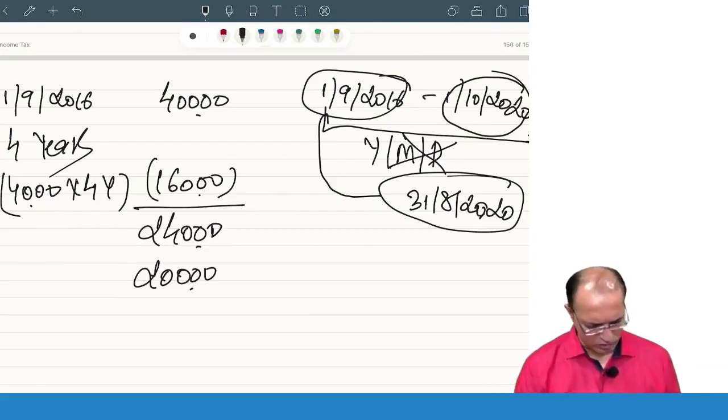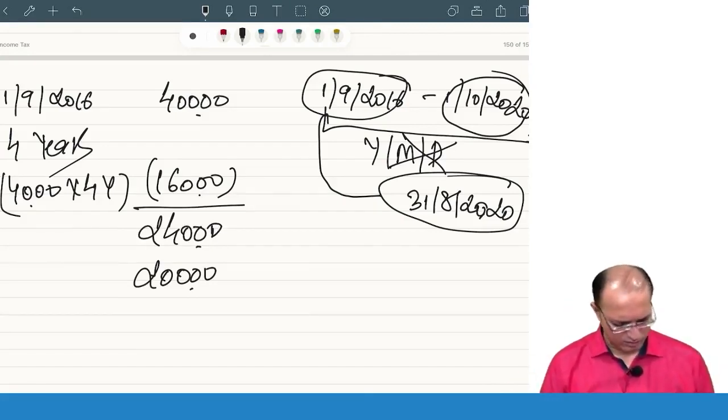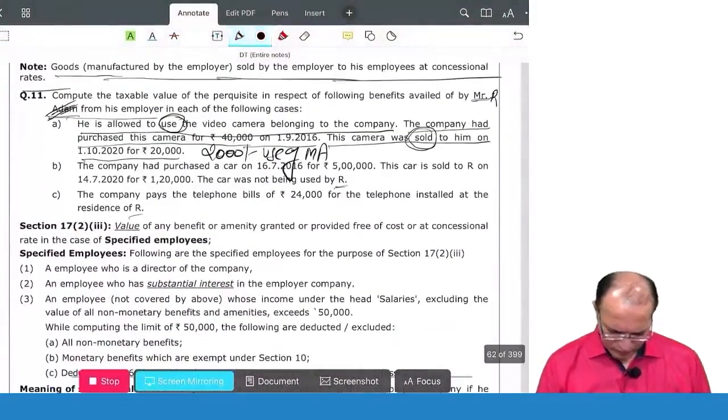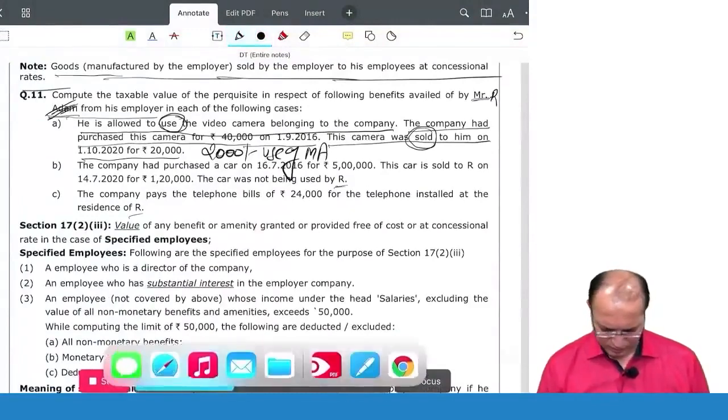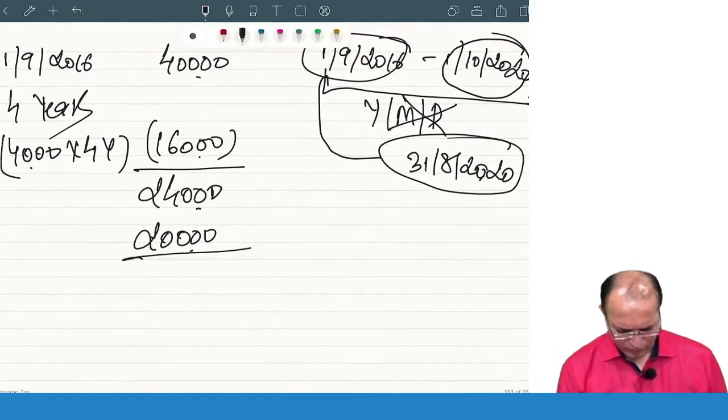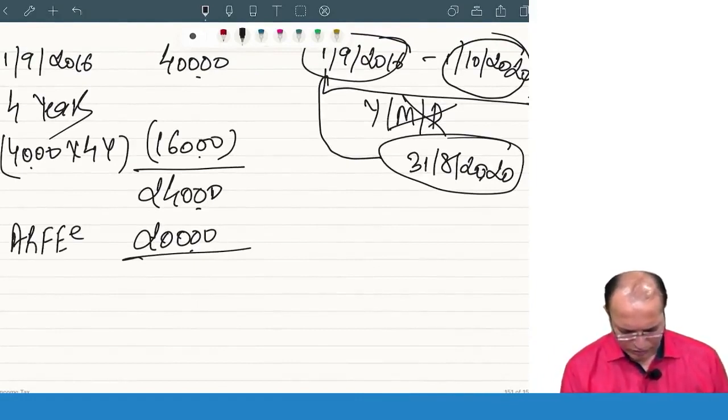This asset is sold to the employee at what price? 20,000. It is sold to the employee at 20, right? So what is the difference? The amount recovered from the employee is 20, whereas the WDV of the asset was 24.